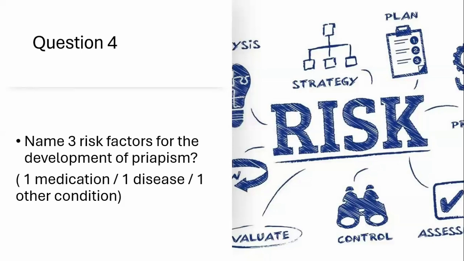Sickle cell disease. Cool. What other condition can also cause a priapism? So you can actually get it in trauma. Yeah, I was going to say spinal cord injuries. Yeah, so your spinal injuries.